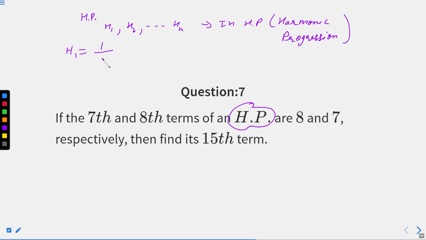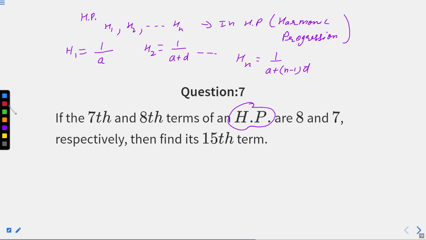So the first term of AP is A. So 1 upon A is H1, H2 is the reciprocal of the second term of AP. The second term of AP is A plus D. So H2 till Hn, so Hn is 1 upon A plus (n minus 1)D.